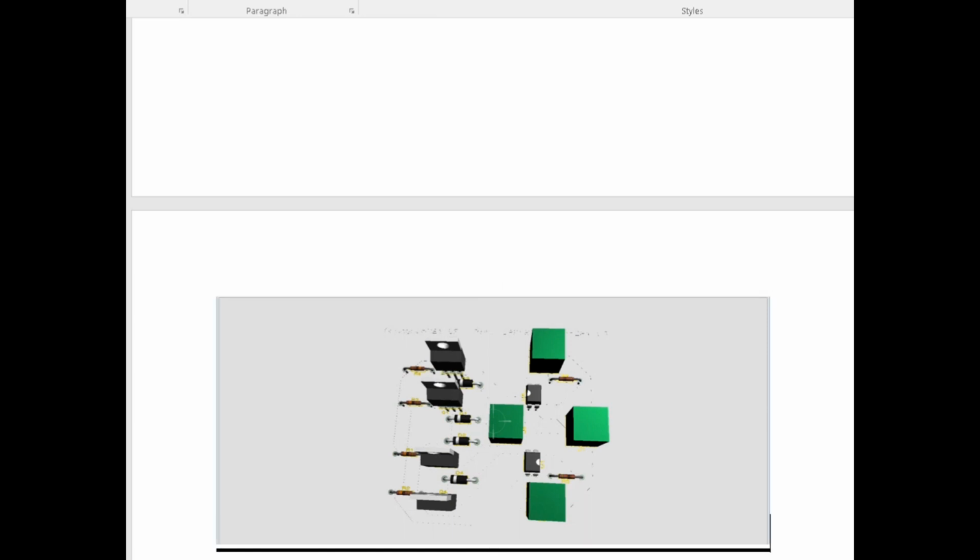The green things, which are the components, are called T-blocks. The T-block is used because we don't have the visualization of that component in Proteus in PCB. Now there are these resistors and these diodes, the optocoupler, flyback diodes, and the transistors.